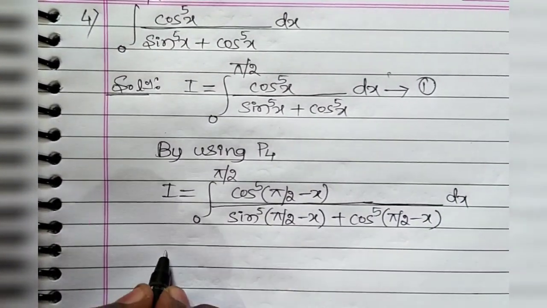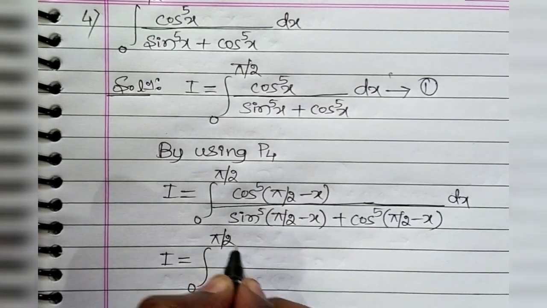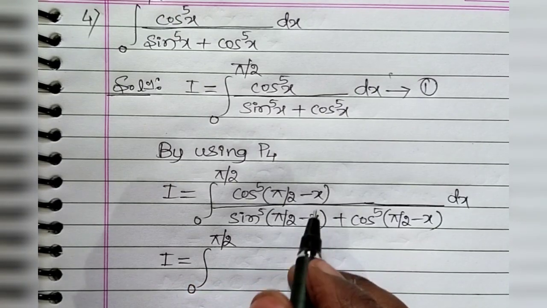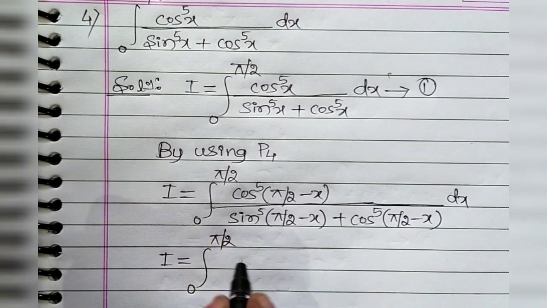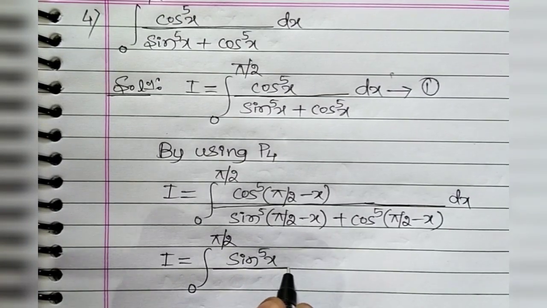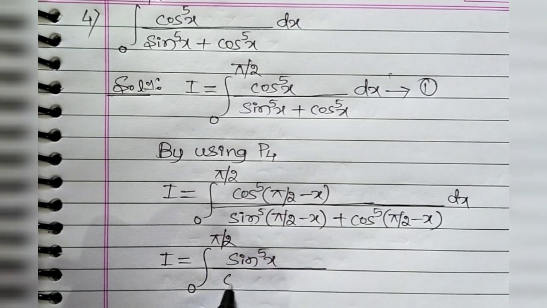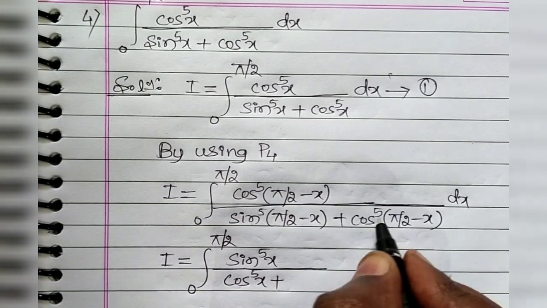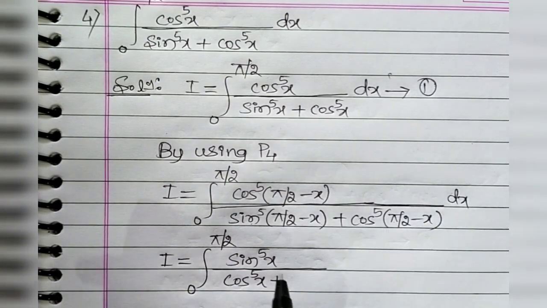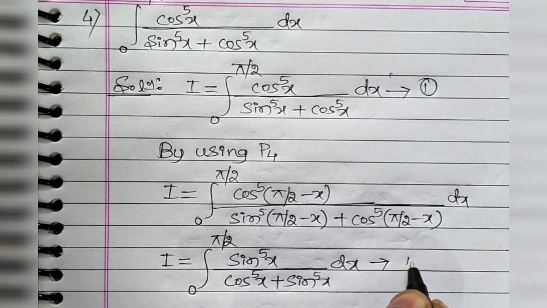So now I is equal to the integral from 0 to pi by 2. Here cos of 90 minus x will be sin x, and we have the power 5. So we get sine to the power 5x divided by, here sin of 90 minus x will be cos x, cos to the power 5x plus cos of 90 minus x will be sin x, sin to the power 5x, dx. So call this as equation number 2.